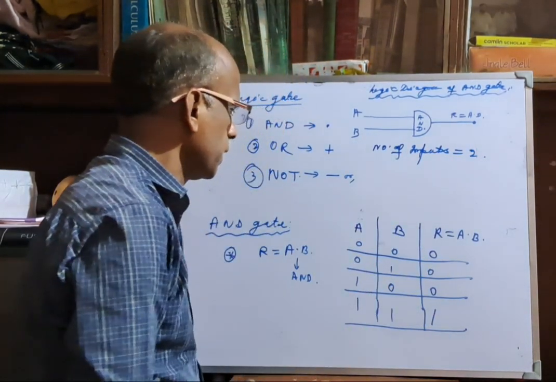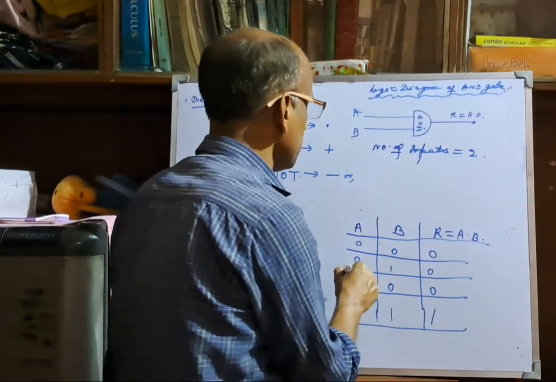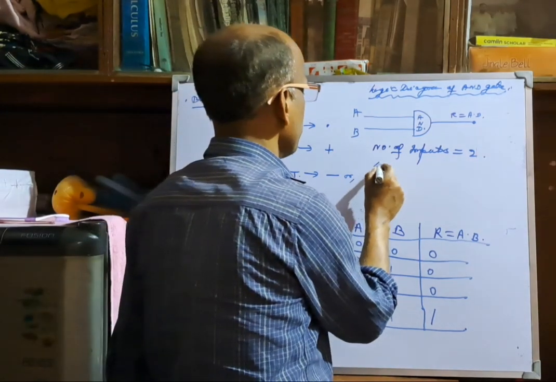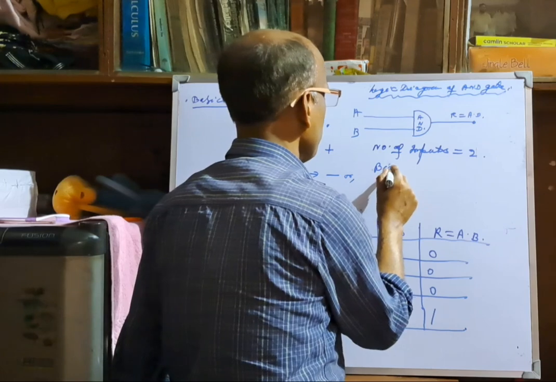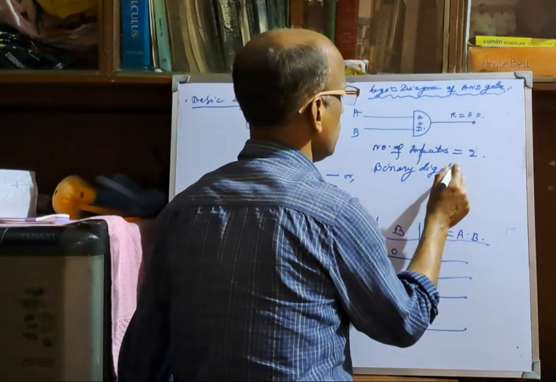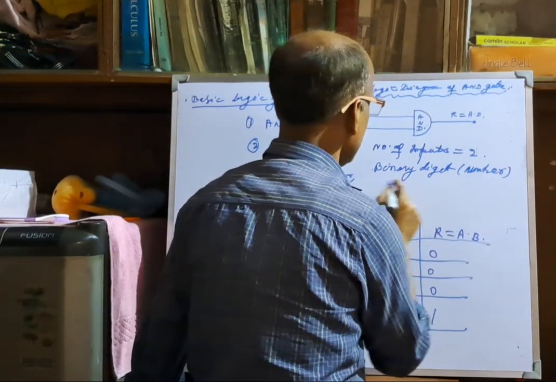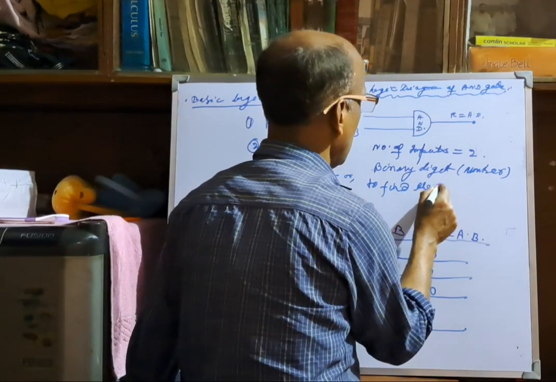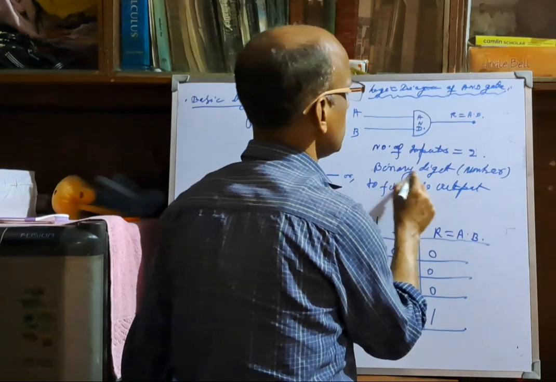Therefore, the binary digits required, or you can write number also, to find the output is equal to 2 to the power n.